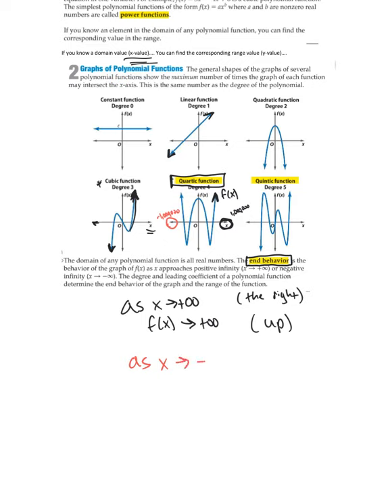The left end behavior we describe as x approaches negative infinity, going to the left. What's the function doing? In this case, the function's going up, which for f of x is positive infinity. So that's how we describe end behavior.